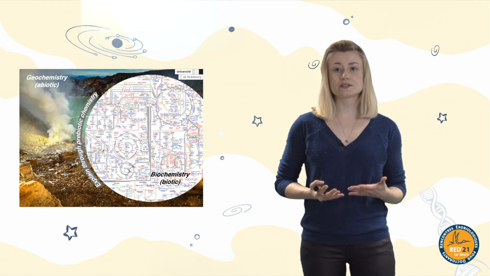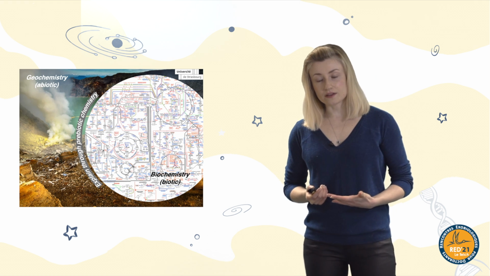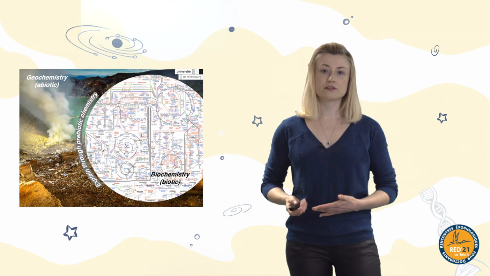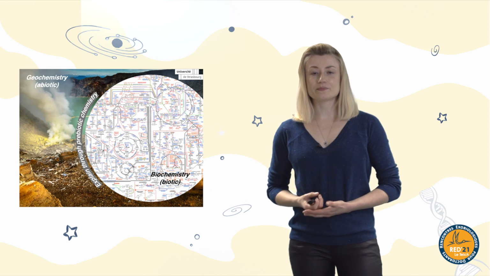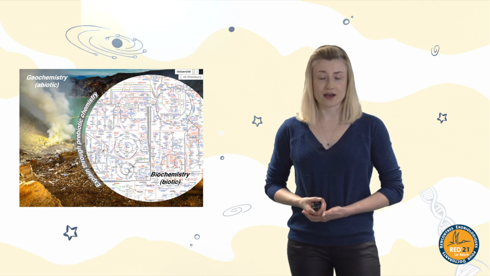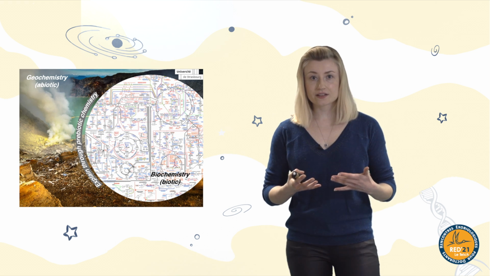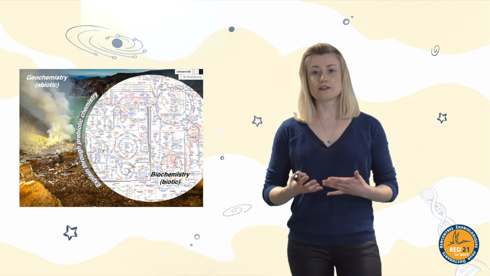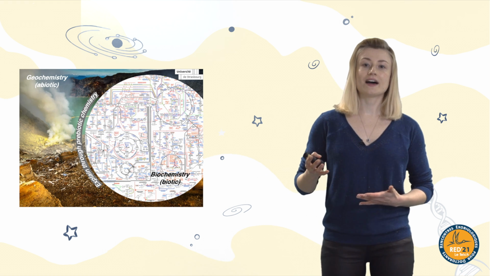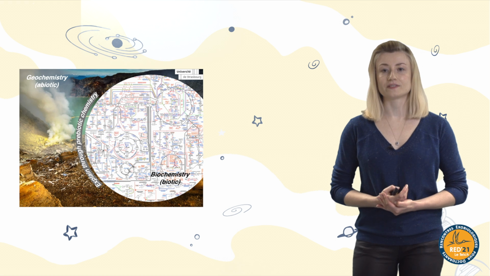So in other words, the specific question that we are trying to answer is how the geochemistry, which you have depicted on the left-hand side of the slide, underwent chemical processes that allowed it to self-organize and become something that you have in this circular part of the slide.